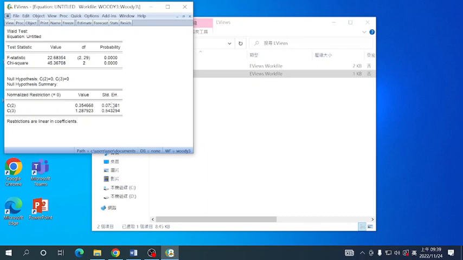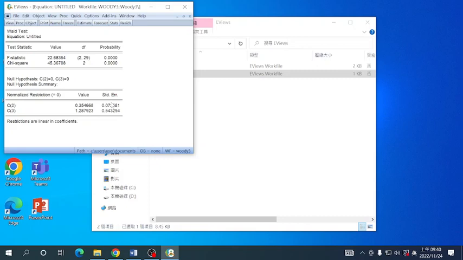Okay, the one here is the one from our textbook, 3.10, 5.10. So what's the F statistic here? 22.68. So in other words, now if I'm doing this 2 coefficient only, then what's the F value?